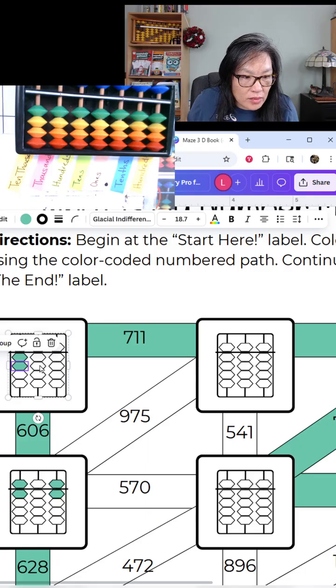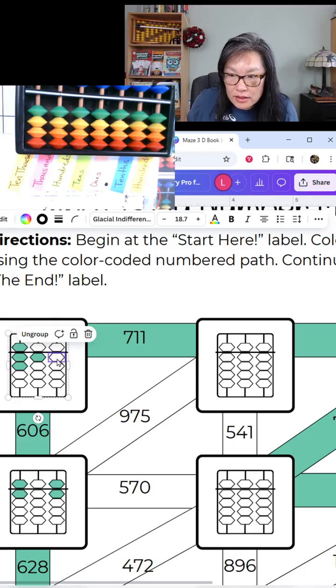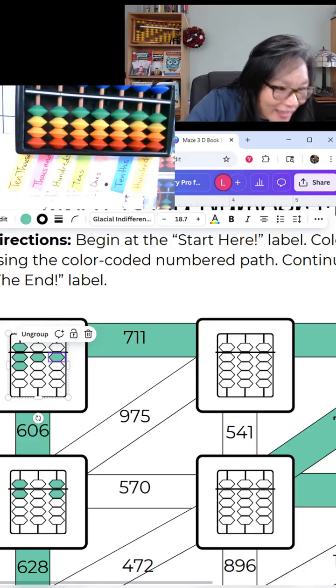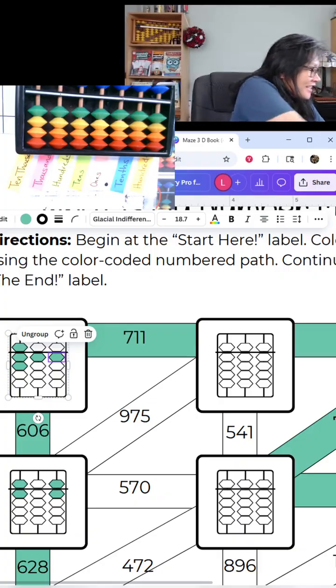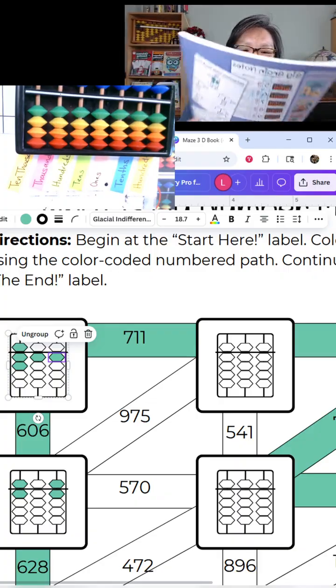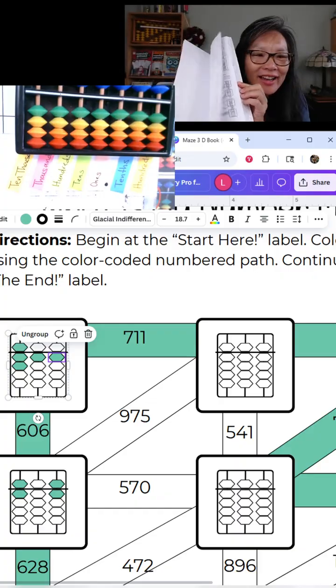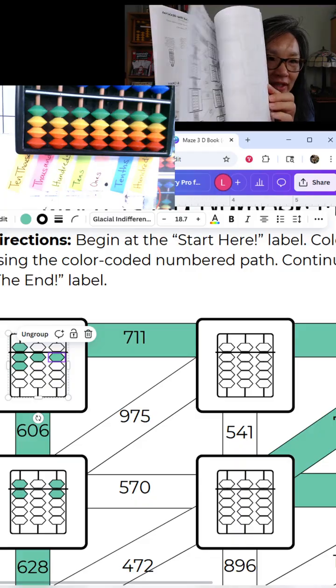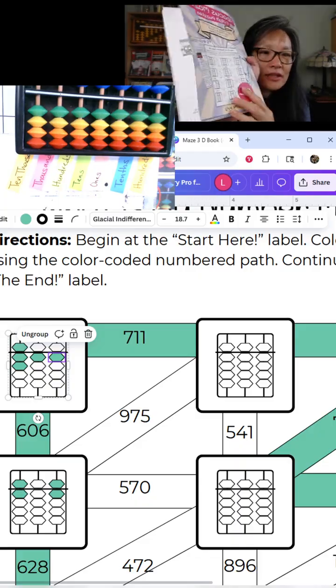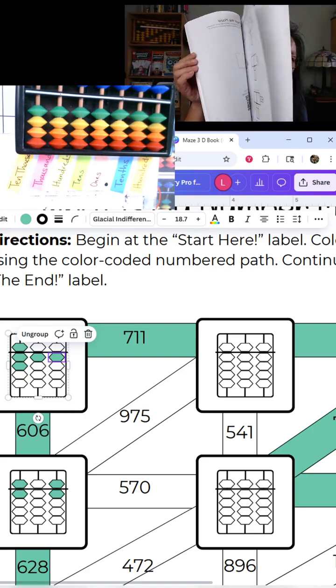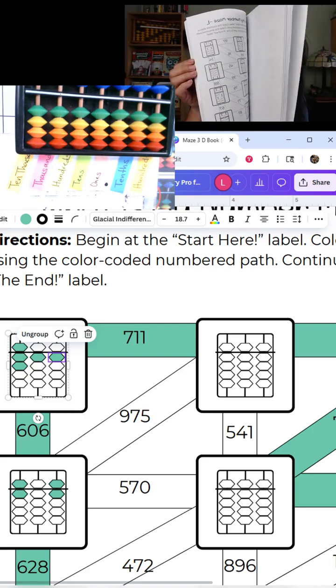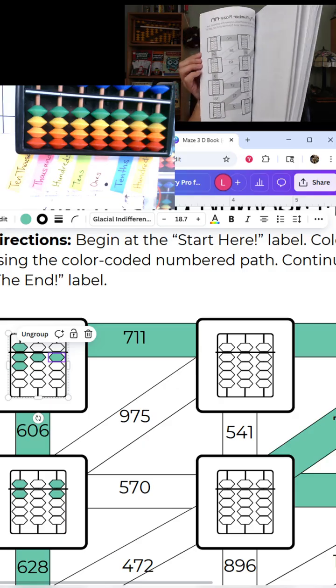Does the answer key come with my book? Yes, it does. I make the answer keys. That's why we're doing this. So the book that I have here, all my books, except for one, which is the first one I made, all my books have the answer key in the back. And so this is the 2-digit one, and this is one way to do the maze, and what I'm doing is the second way.